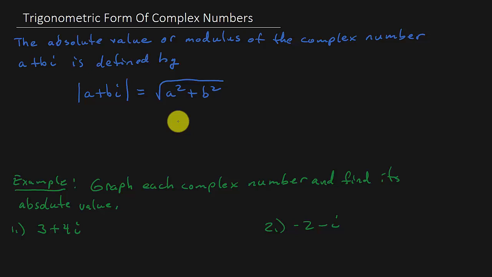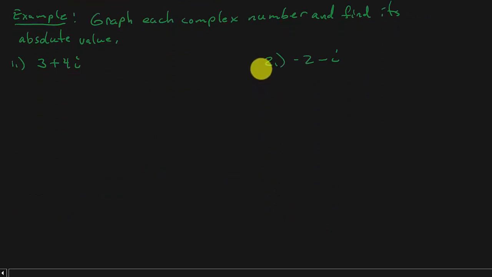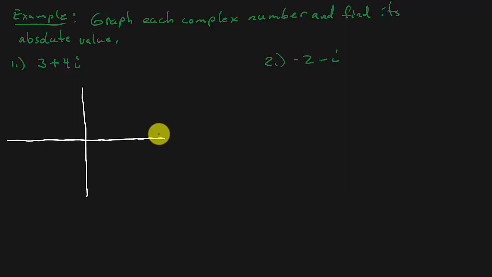Let's get into the first example. It says graph each complex number and find its absolute value. Let's look at our first problem. Let's draw our axes. If you remember in college algebra, a complex number has a real part and an imaginary part. The real part is the 3 and the imaginary is the 4.